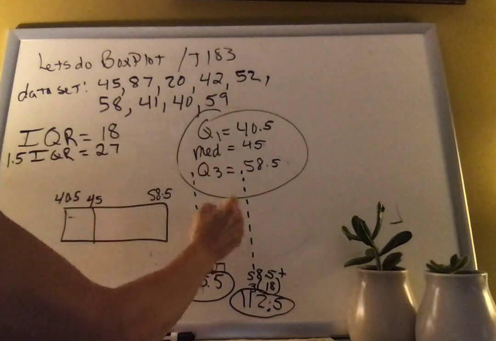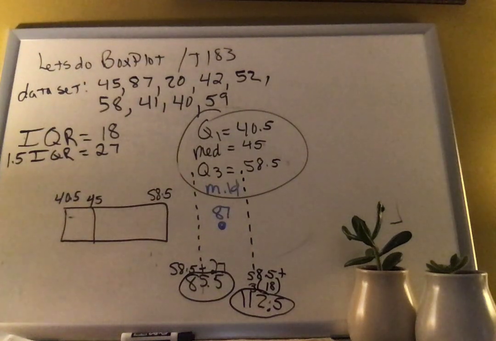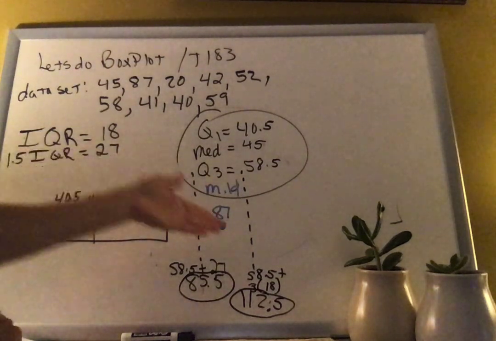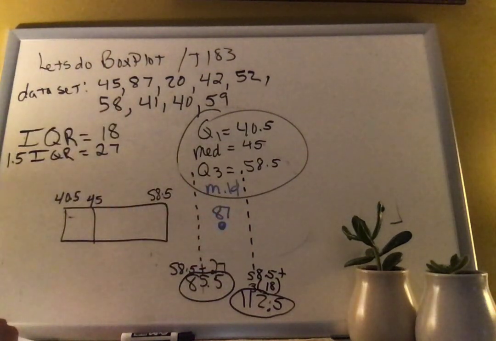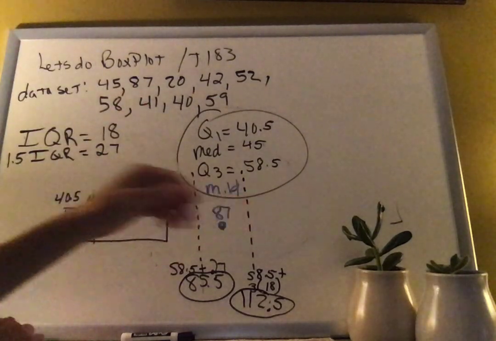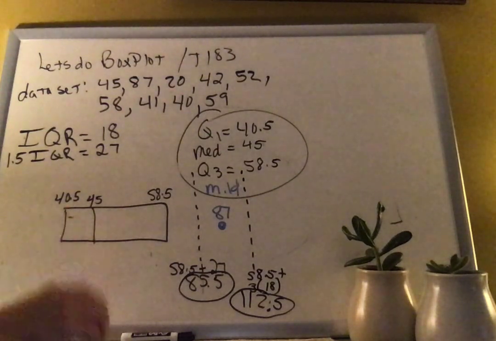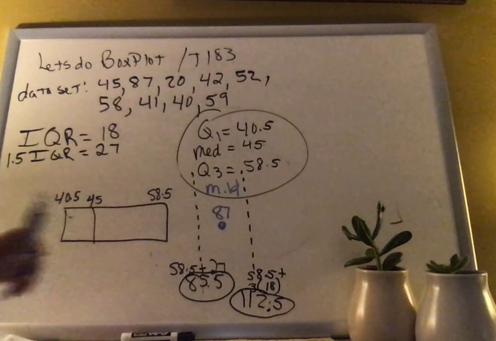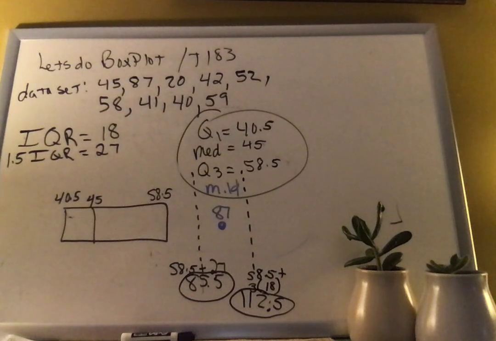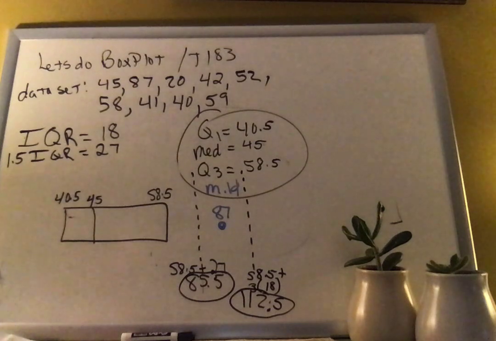that 87 is a mild outlier, and I do label the outlier in the middle, somewhere between the dotted lines. If you have more than one outlier, you're going to label all of them. This one only had one, which means, now remember when we talked about whiskers, the whisker comes to the highest data point that's not already an outlier.